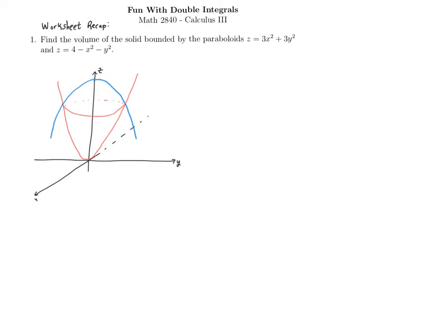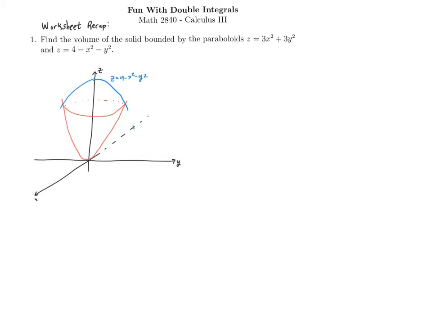For some reason, I'm thinking it looks like one of those plastic Easter eggs. You have the bottom half in red, the top half in blue. And I'm even going to erase some of these extraneous lines that we do not need. So we have our upper surface, z equals 4 minus x squared minus y squared.